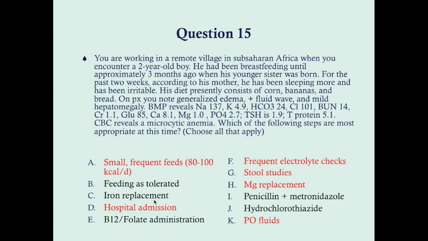Iron replacement you don't necessarily have to do because with the refeeding, the child will get that necessary iron. And we really don't have a profound issue with anemia. B12 and folate administration is probably not necessary because this is only an acute problem. It's only been 3 months since the child stopped breastfeeding.